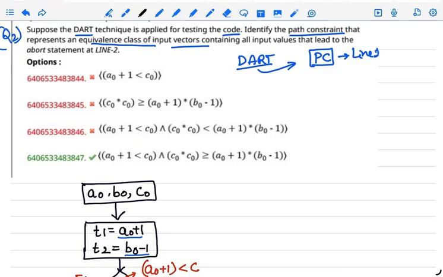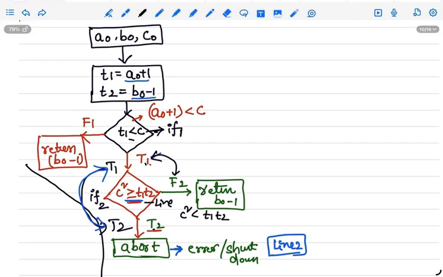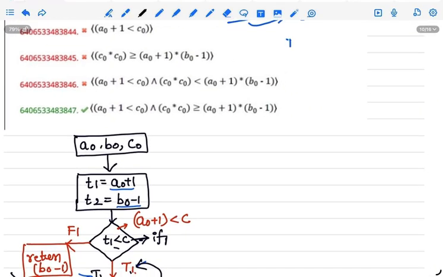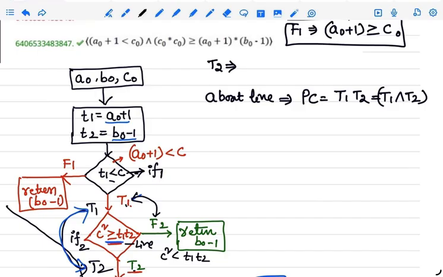In the program, to reach the abort statement, the condition T1 is true and T2 is also true. So for this question, the path constraint is T1 and T2, both.